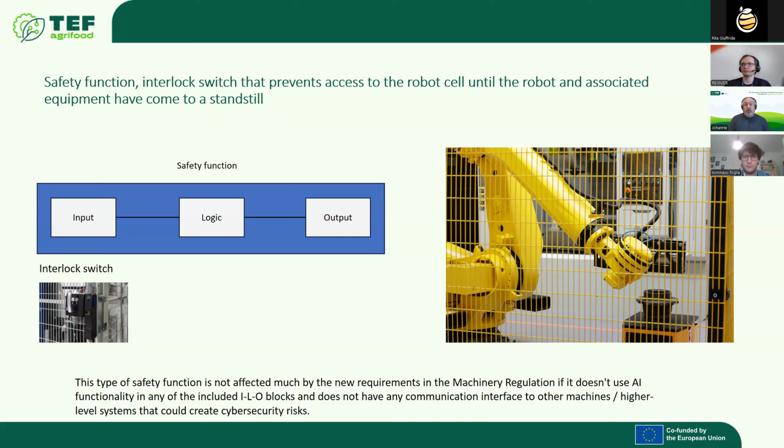It can be for a robot, for instance. You have an interlocking door. In this case, you have a low complexity input, this interlock, and there you don't have any new requirements, for instance, when it comes to AI functionality, and we don't have any data communication. So this is a local safety function. And then we can go to the next picture.